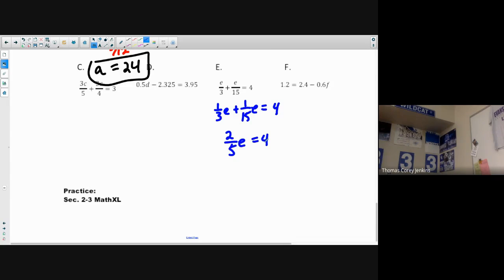And then we're ready to divide by 2/5 on both sides. So that's going to give me E equals whatever 4 divided by 2/5 is, right?